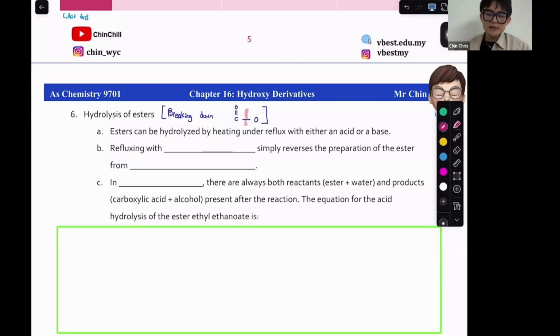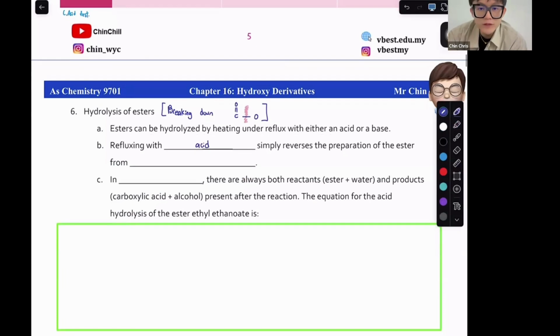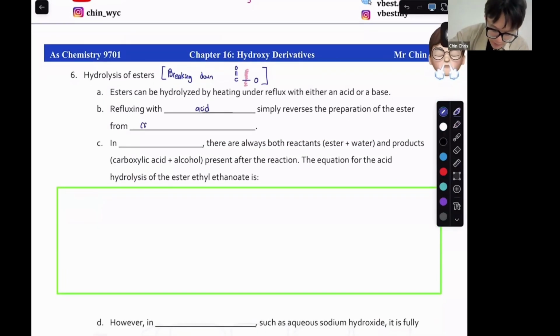Alright guys, next. Ester can be hydrolyzed by heating under reflux with either acid or alkaline. So guys, if you reflux it with an acid, it simply reverses the preparation and you are getting a carboxylic acid and alcohol.